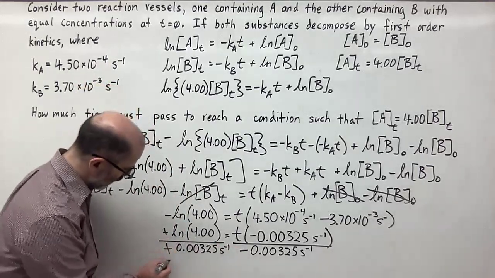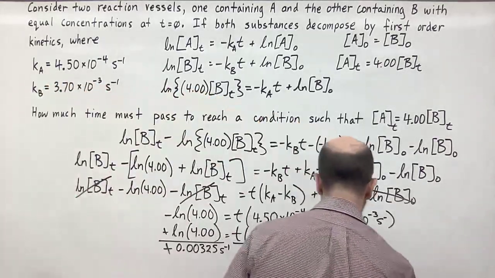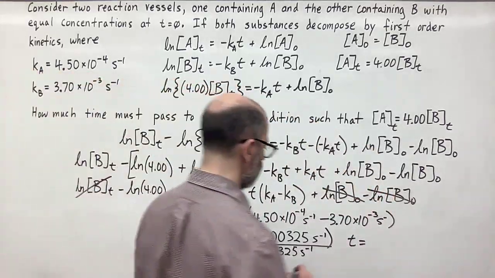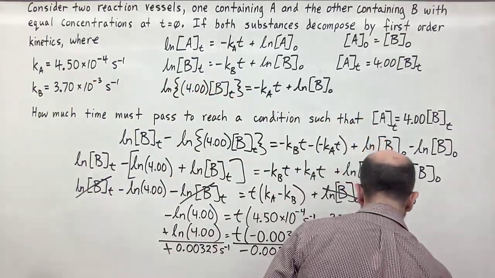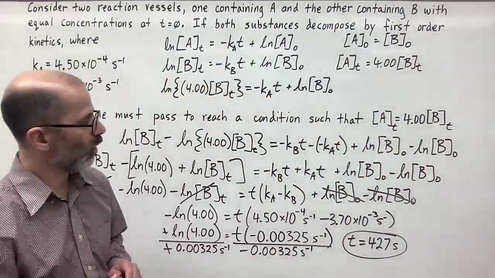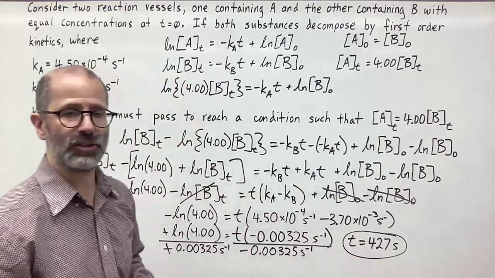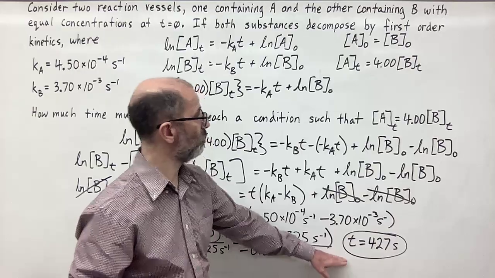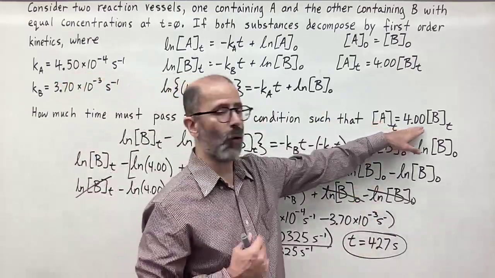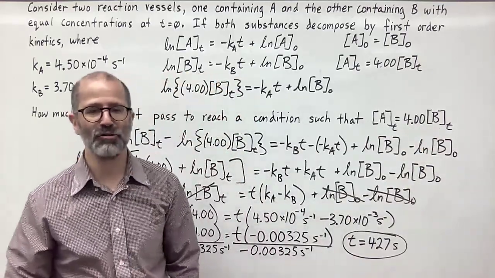The negatives cancel out, so that's positive. And when I divide this, I get t time is equal to 427 seconds of time. So at 427 seconds, when both reactions are started, then at this time, the concentration of A at this time will be equal to 4 times the concentration of B at that time. So that, ladies and gentlemen, is how you solve this problem.